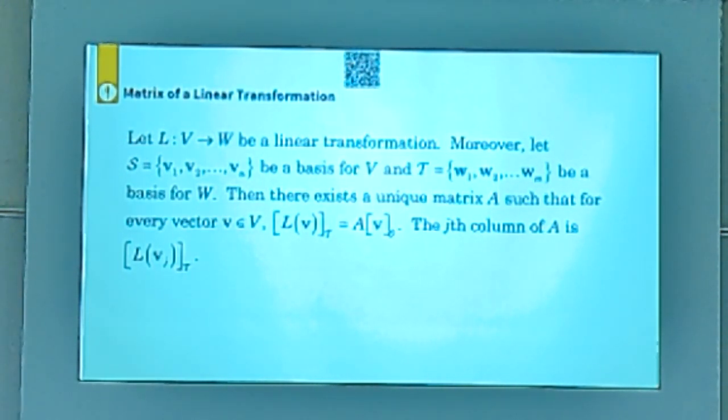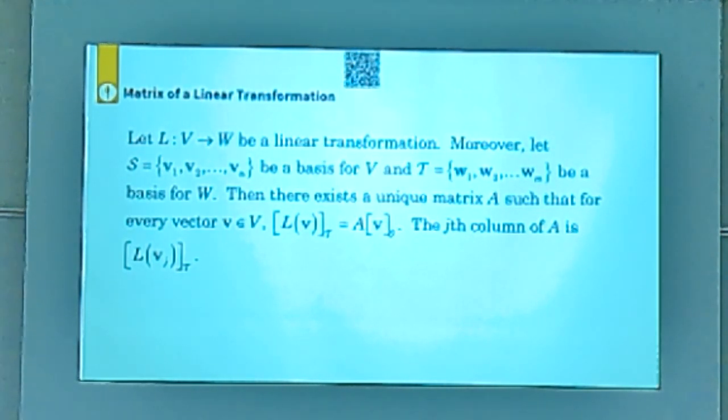So it's kind of a pain, depending on the ordered bases you use to find the matrix. However, analyzing the linear transformation using its matrix is definitely a lot easier.